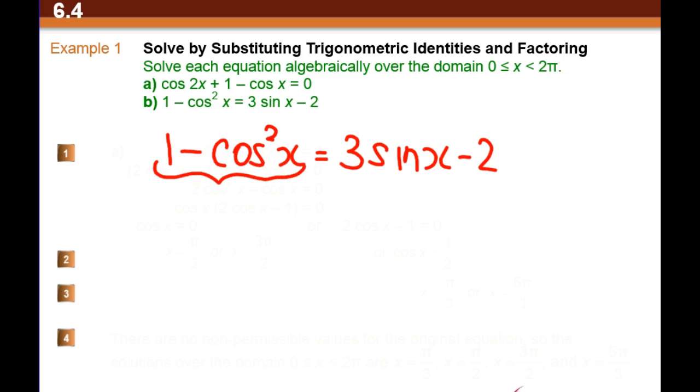What's this guy? He can be sine what? Squared, right? 1 minus cos squared can be sine squared. Because of that Pythagorean identity, sine squared plus cos squared equals 1. So if you subtracted the cos squared over, 1 minus cos squared is equal to sine squared.